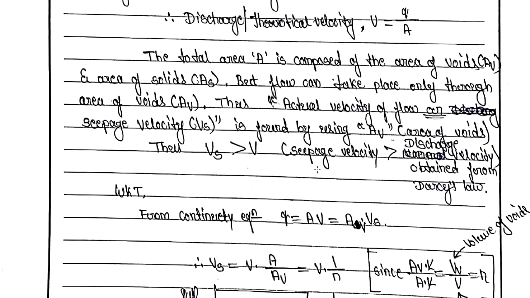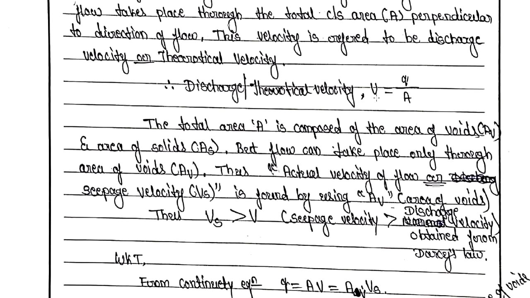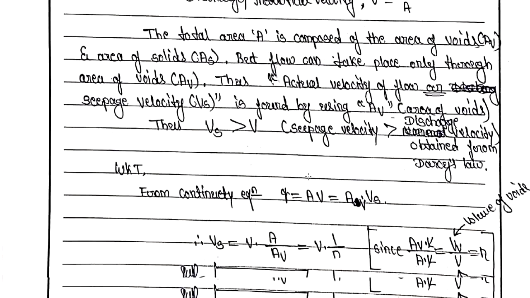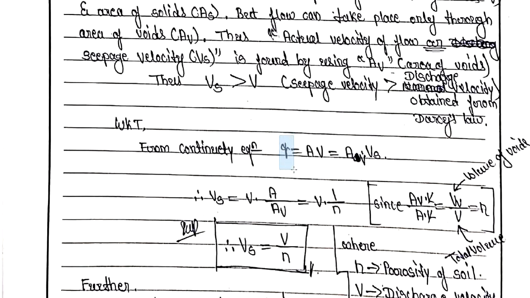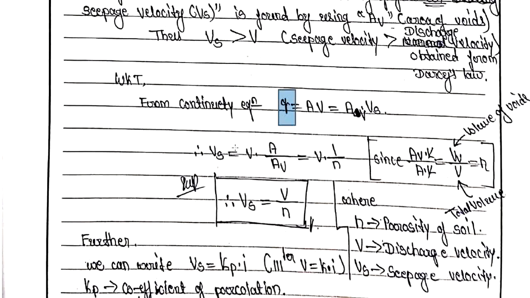So Q is equal to AV, which should be equal to AV into Vs. So you can see in any case velocity may vary, but amount of discharge will remain same. That is why I am considering it in this manner. So small q is equal to A into V, which is equal to AV into Vs. So I can write this Vs as Vs is equal to V into A divided by AV.